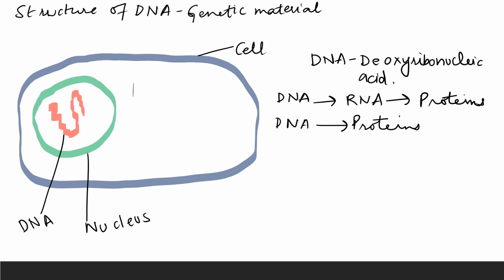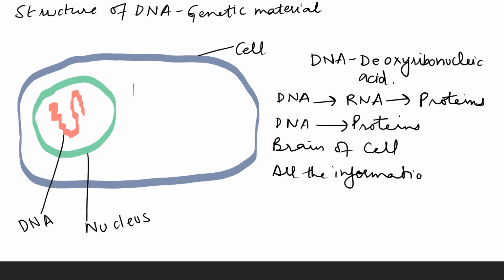So in short, we can say DNA is the brain of a cell, right? The brain of a cell, and all the information is present in the DNA. All right. So we call it a genetic material.